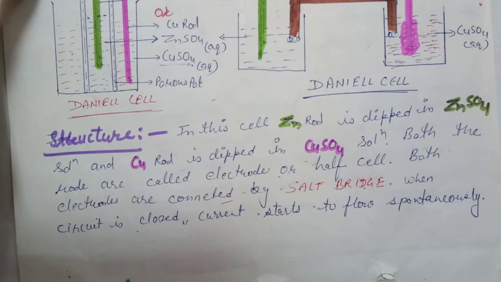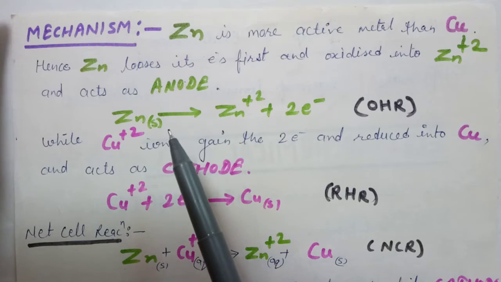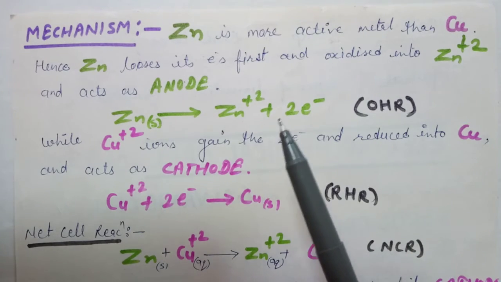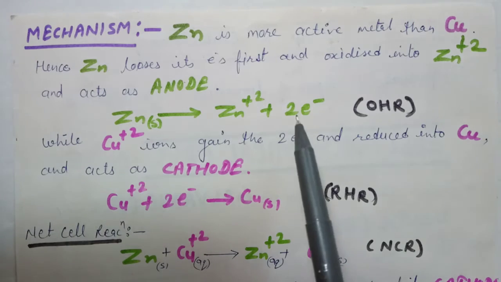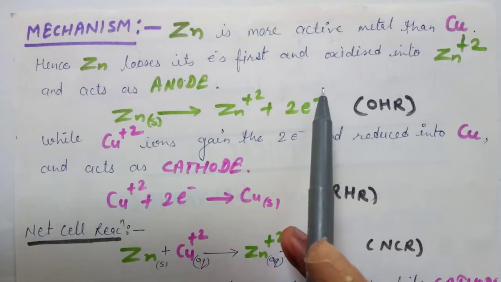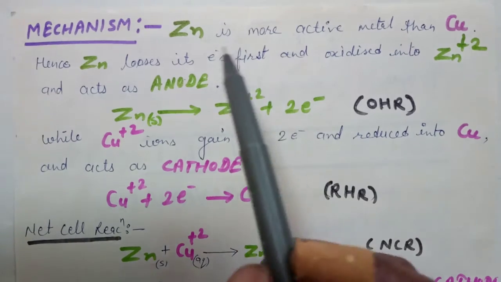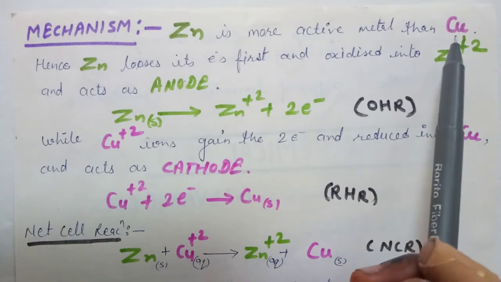Okay, now we will discuss the mechanism. As we know, cells depend upon redox reactions. Two types of metals are taken, zinc rod and copper rod. Zinc is more reactive than copper. Reactive means Zn will lose its electrons first, then Cu.